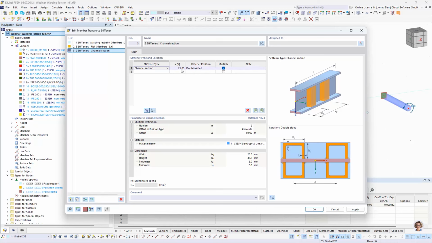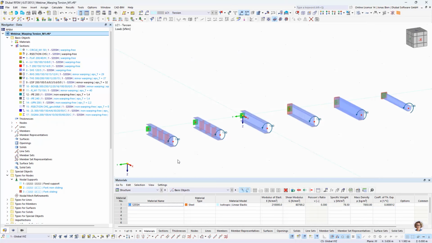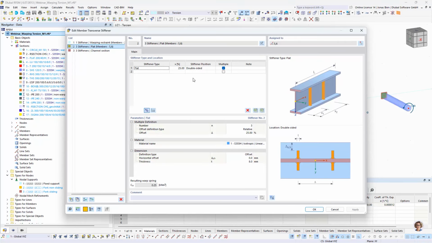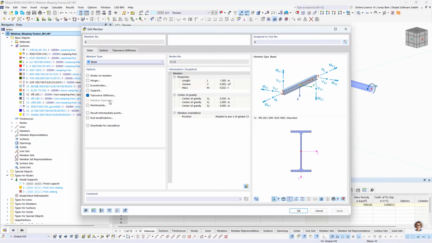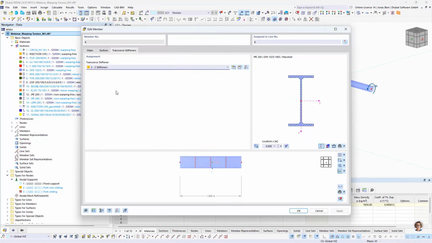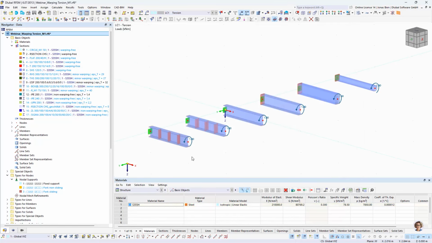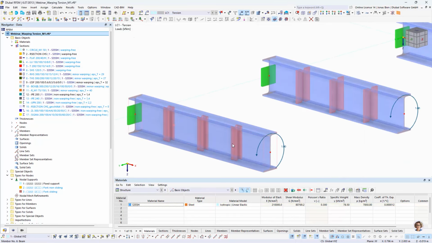And I assume, or it's pretty safe to assume, that those stiffeners have a higher restraint on the section. But we can check that out by just introducing them and comparing the results for those 2 cases. So I have already defined this additional type of transverse stiffeners. I just need to assign them to this member. So now we can see the difference of the stiffener shape.